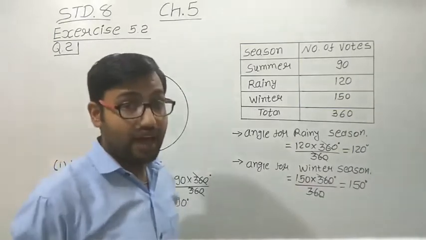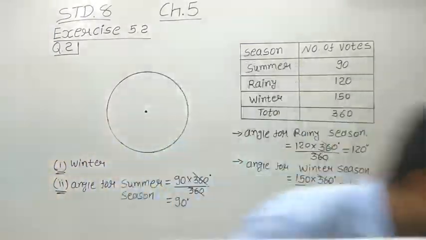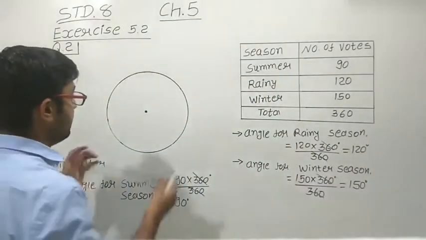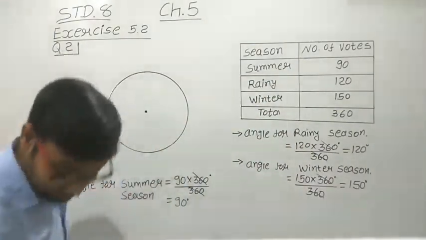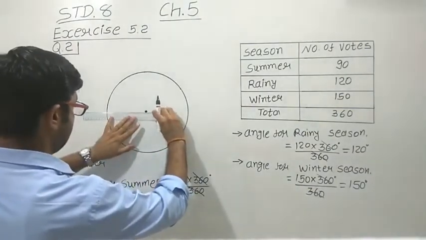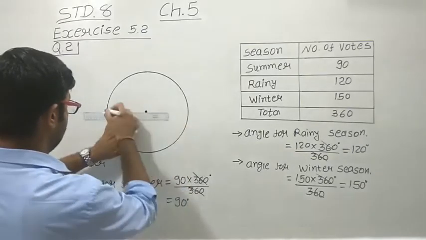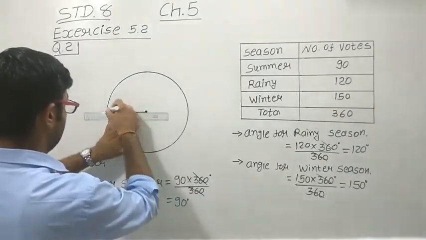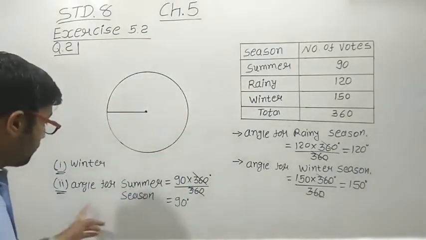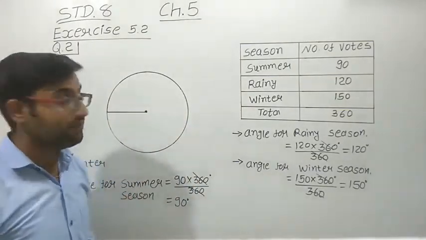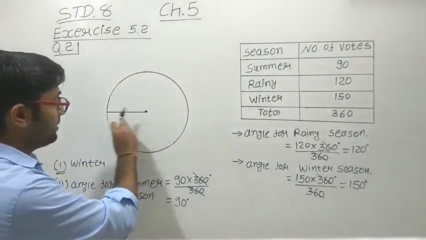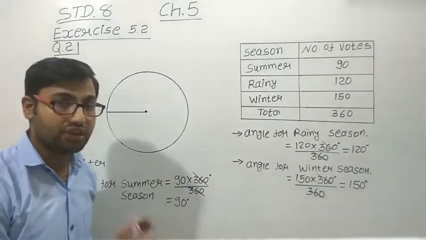So where do we have to start? See, we can start to draw this by taking a line here. We can take a radius here, right? Now see, the first angle, for the summer season, is 90 degrees, so we have to make an angle by taking this as one arm of the angle.